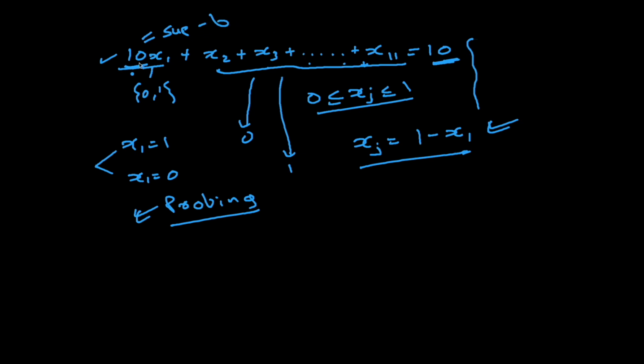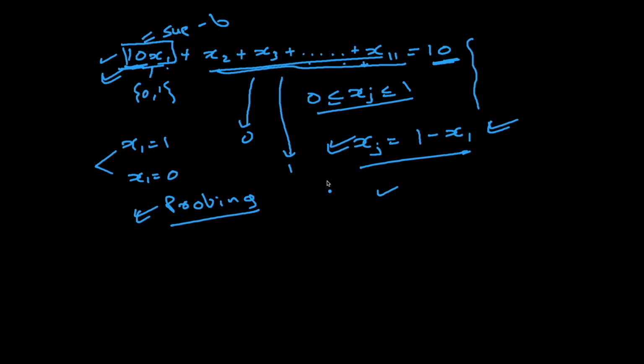The supremum of this part is 20 and b here is 10, so supremum minus b is 10, and it is exactly the coefficient of this variable. This is a super large coefficient, which normally happens in big M type constraints. So we detect them and fix a bunch of other variables. All of these variables are now fixed to 1 minus x1, so we only have one variable left over here.